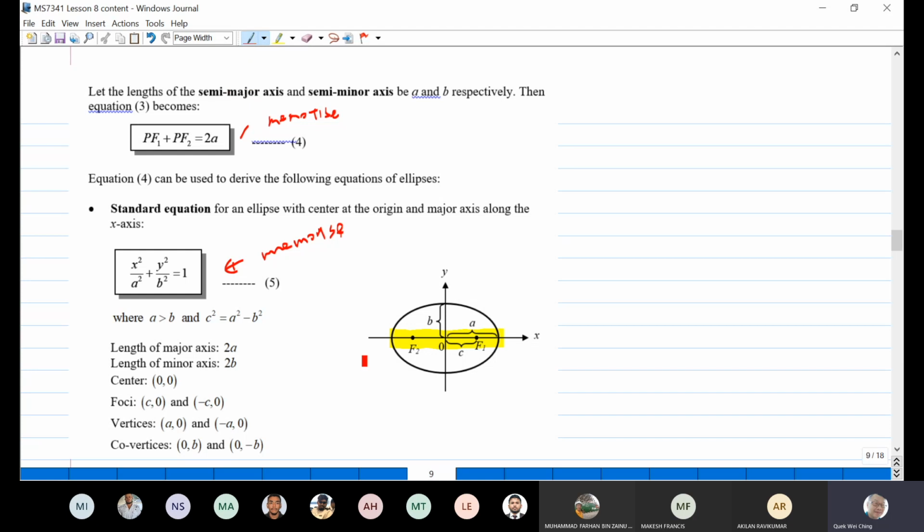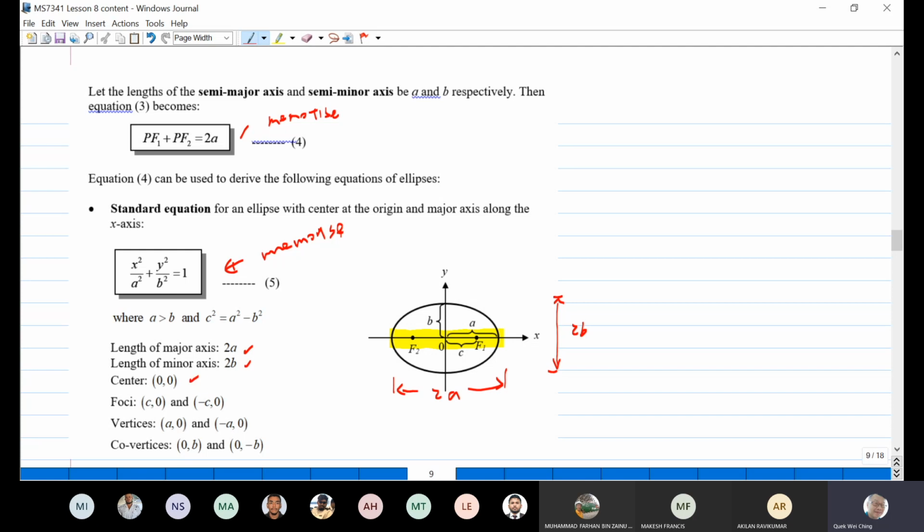From here to here is 2a, so half of it is a. And from here to here is the shorter one, the length is 2b. So this is where a and b come from. 2b is the length of the minor axis, 2a is the length of the major axis, okay? And this is what they tell you. The center is always 0, 0.